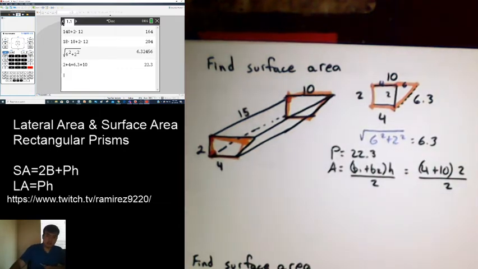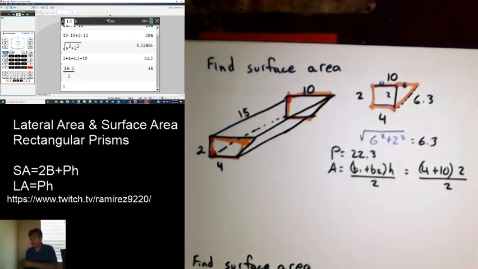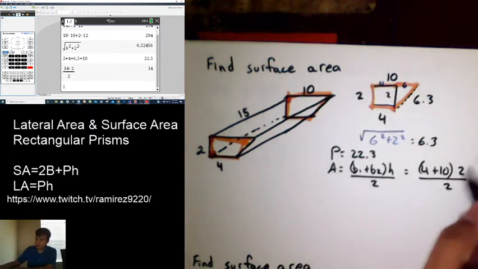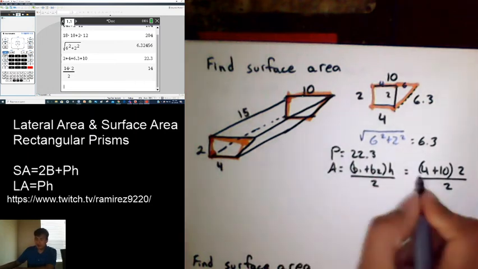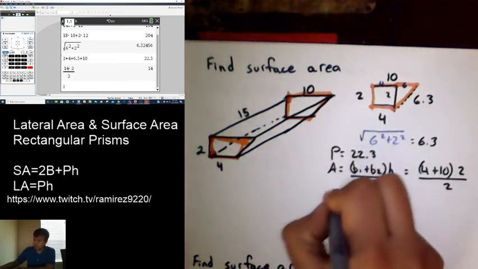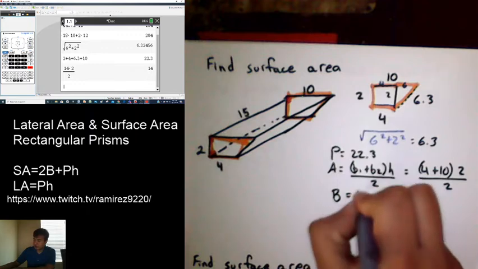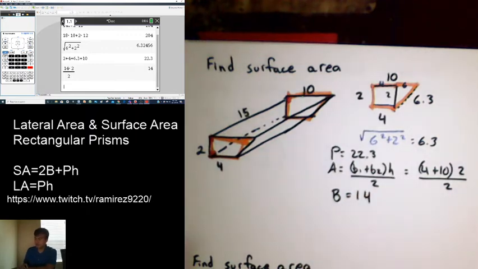So it's 4 plus 10, which is 14. 14 times 2 divided by 2, and it's just 14. It comes in handy if you recognize some patterns here, like these 2's cancel out. That's why it's just 14. So the area of the trapezoid is 14. But remember that big B stands for area, so this is just 14.